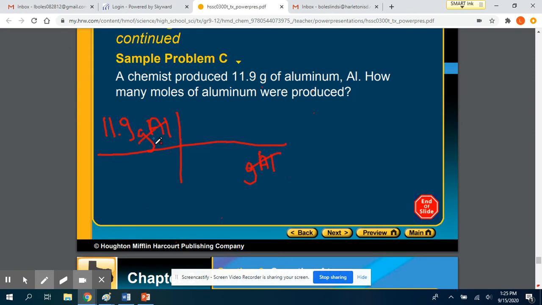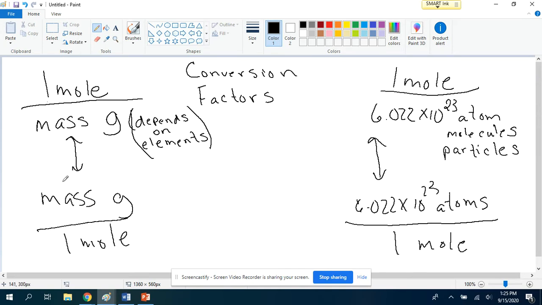Same process. Now this time we're in grams. They want us to go to moles. I can go from grams to moles because I have a conversion factor that lets me do that. It doesn't matter how you flip it, but we're using the mass to moles conversion factor.